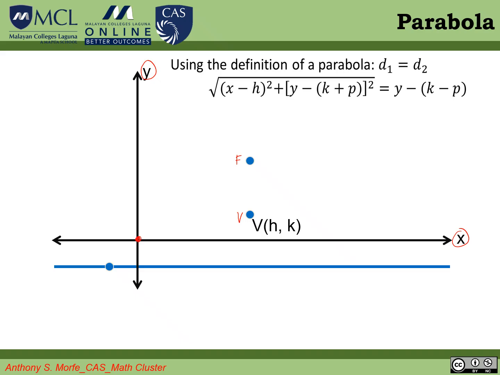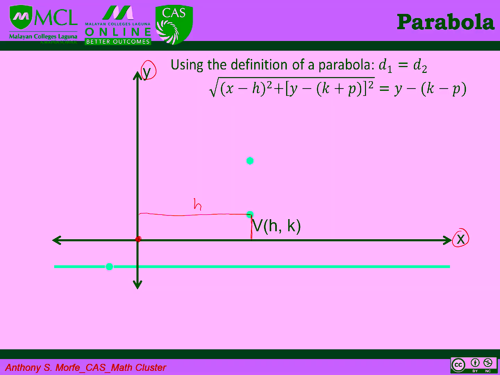So the coordinates of the vertex V are h and k. h is the distance from the y-axis towards the point. This is our h. And k is the distance from the x-axis towards that point. So this is k.